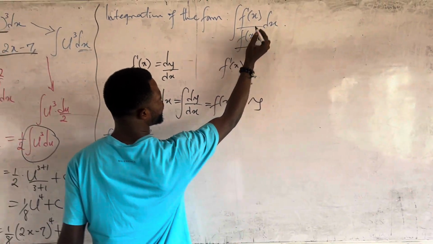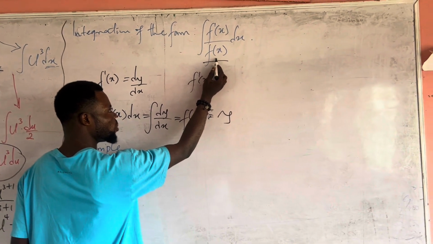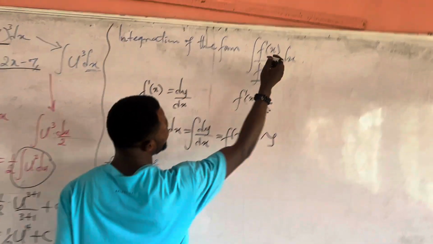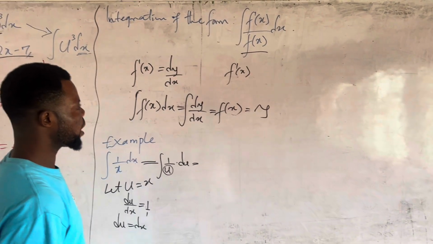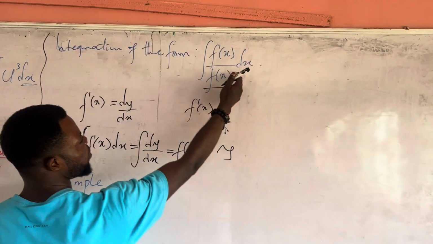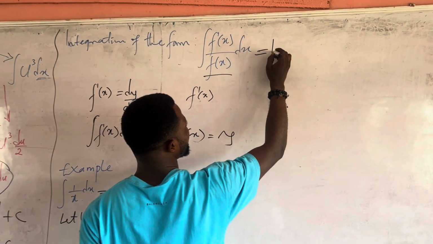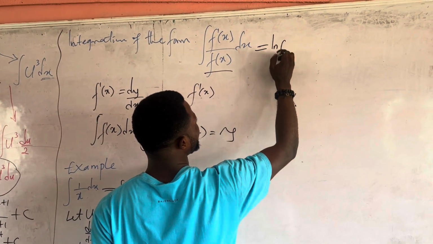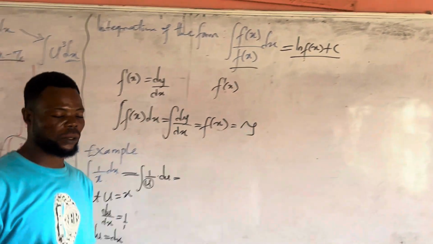I think the derivative of the denominator is equivalent to the function at the numerator. Then, if you have this form, you can easily say the answer is ln of the function in the denominator plus c. That is what we are trying to say.